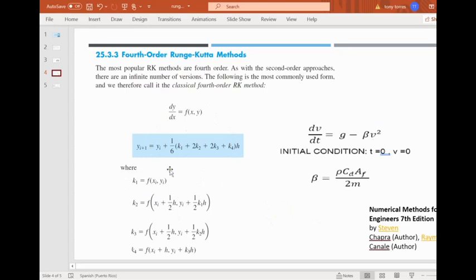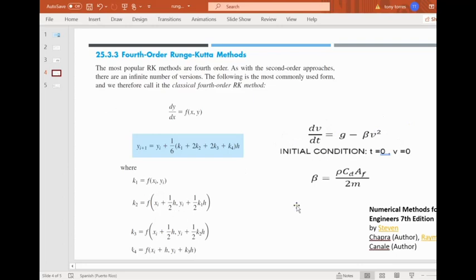It's like instead of having f of xi, yi, this is f of yi only. That's the only thing that you need to worry about. You don't need the independent variable argument at all because it's not in this equation. Makes life a lot easier.